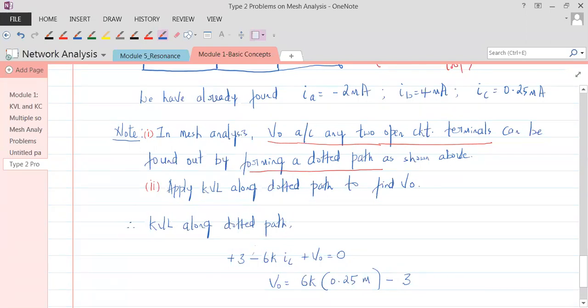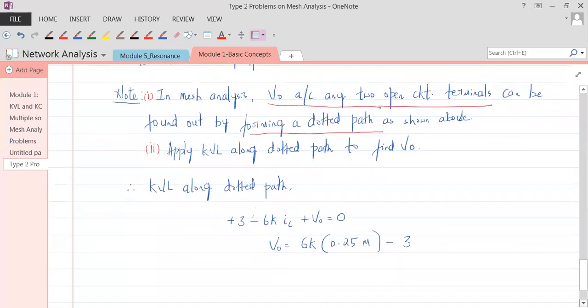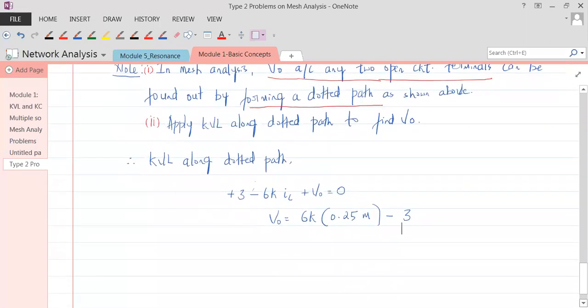Fine. So K and milli go off. So this would be 6 into 0.25, minus 3. So it would be 1.5 minus 3.